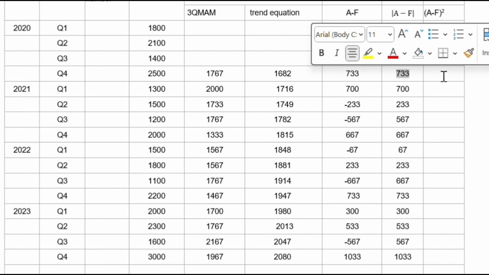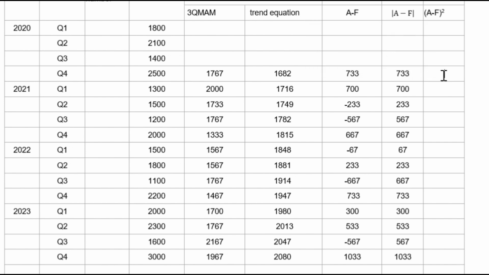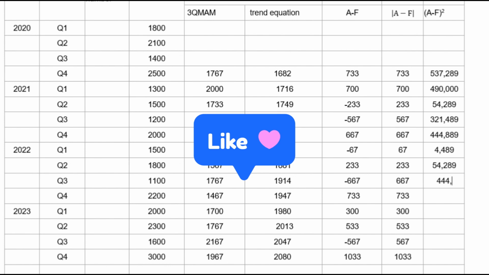So 733 to the power 2 is equal to 537,289. 700 squared equals 490,000. 233 to the power 2 equals 54,289. 567 to the power 2 equals 321,489, and so on till the fourth quarter of 2023.